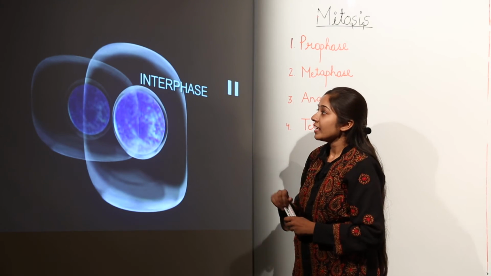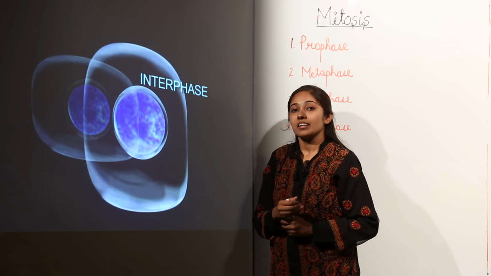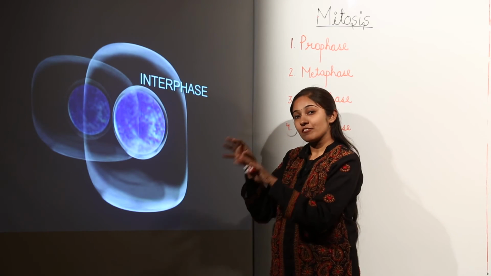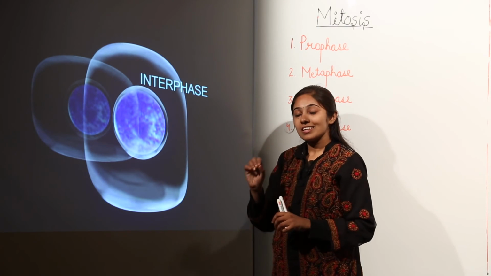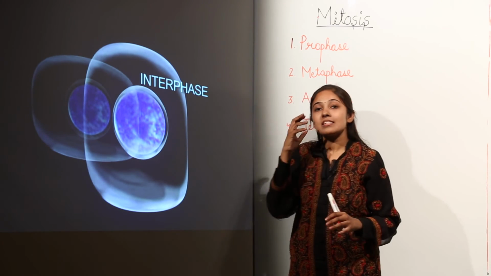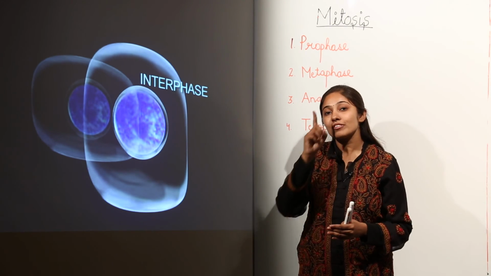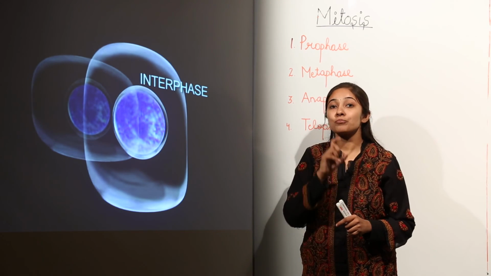As you can see, this interphase stage is called the resting phase, but it is not really a resting phase. Why? Because in this stage you cannot see the chromosomes, but the cell is preparing to divide. The cell prepares itself for the first stage of mitosis, that is the prophase stage.